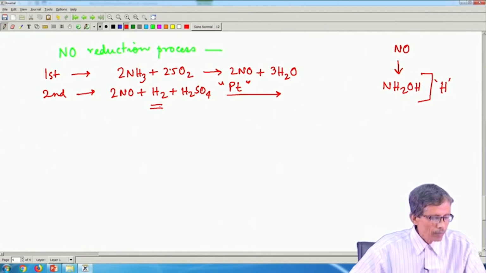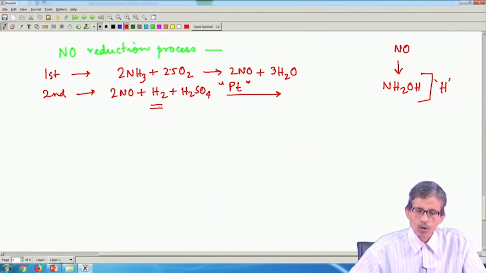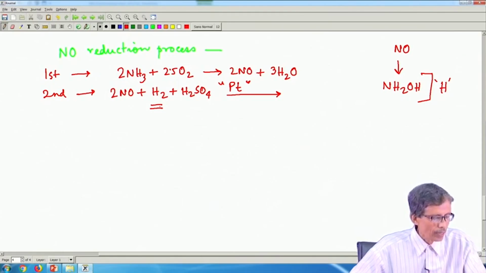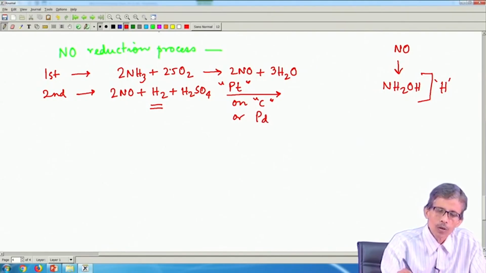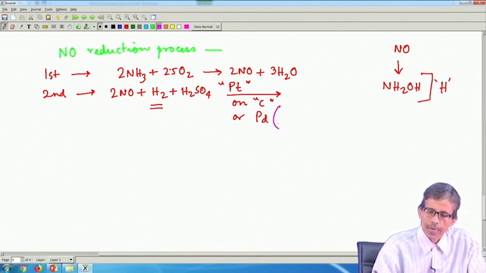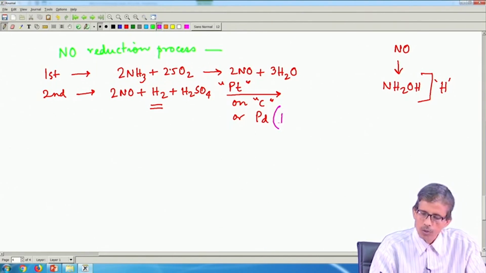Platinum is the catalyst; earlier we have seen that the platinum on charcoal bed is also useful. In this case, platinum on C, that means on charcoal, is used for the formation of this, and that gives rise to a different process which is known industrially as the Inventa process.